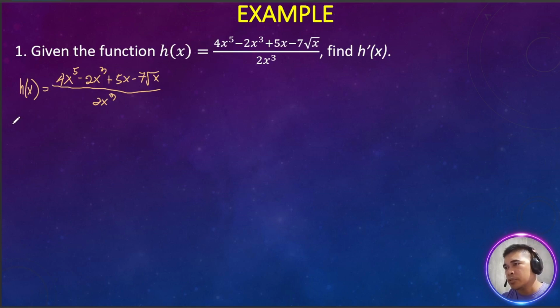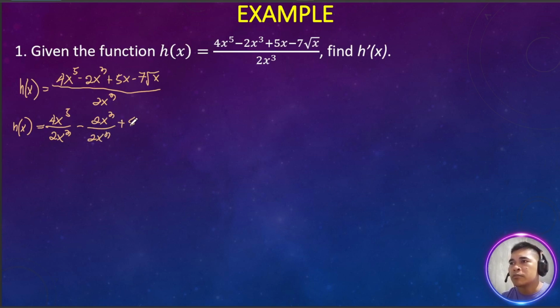So, pwede na nimo siya nanion para ma-simplify. So 4x to the power of 5 over 2x cubed minus 2x cubed over 2x cubed plus 5x over 2x cubed minus 7 times square root of x over 2x cubed equals, we have h of x.